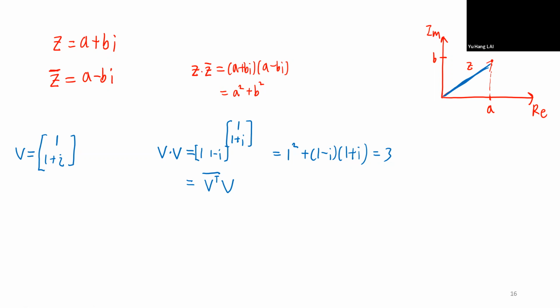However, if I take a dot product between two complex vectors, then what will happen? In general, the result might not be real. It could give you a complex number.